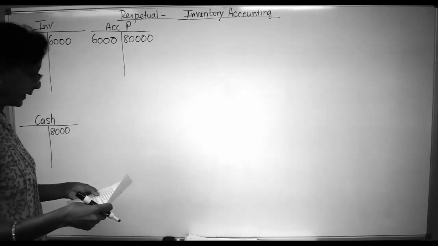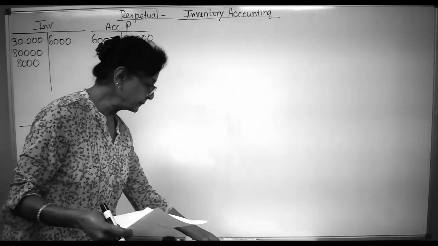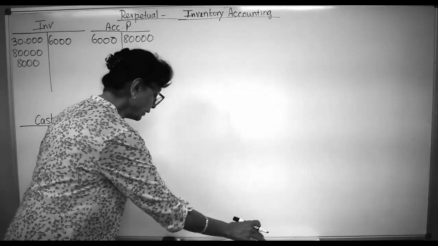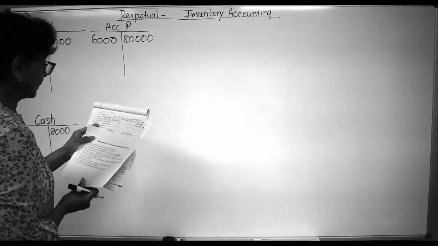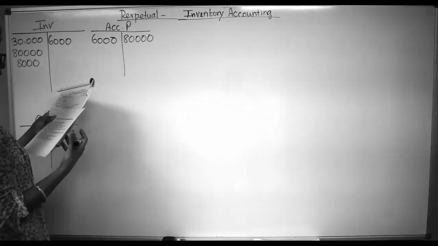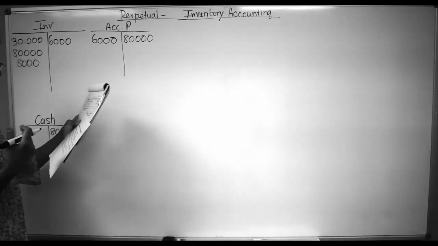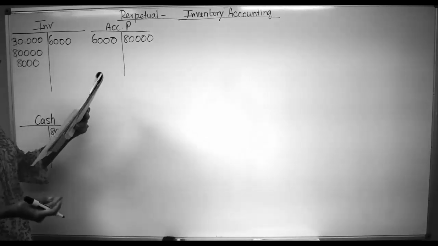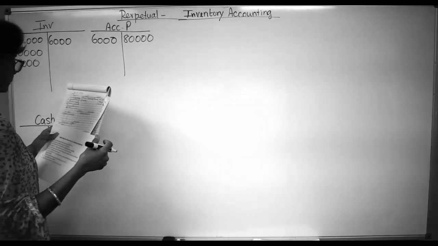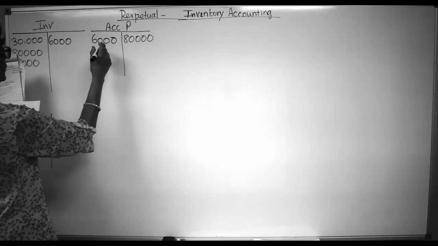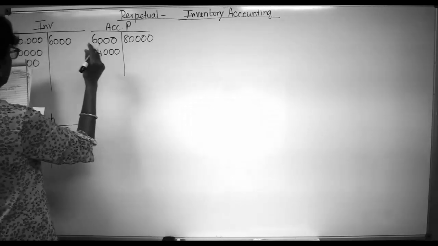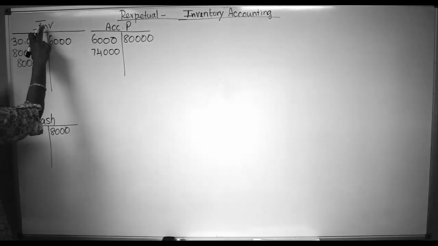On January 14th, the company paid what it owed. So here, the company owes $80,000 minus $6,000, $74,000. Since the company is paying within 10 days, the company can take the 2% discount. So first, you debit accounts payable for $74,000 and then you credit the inventory for the discount.